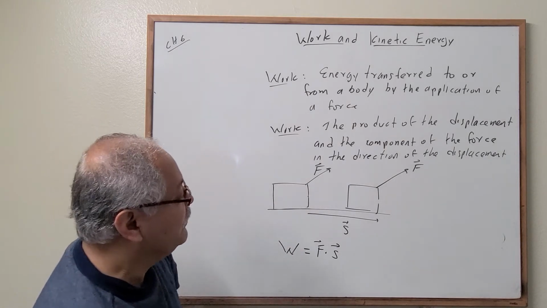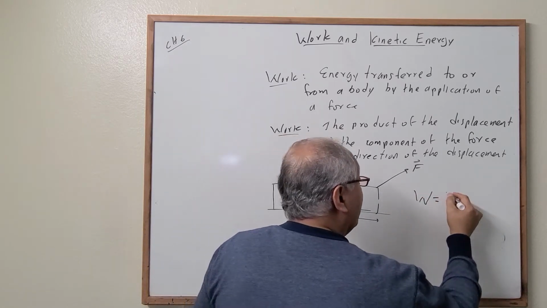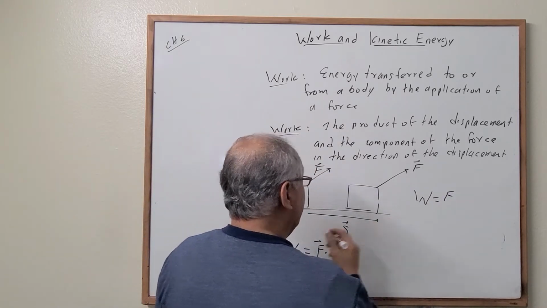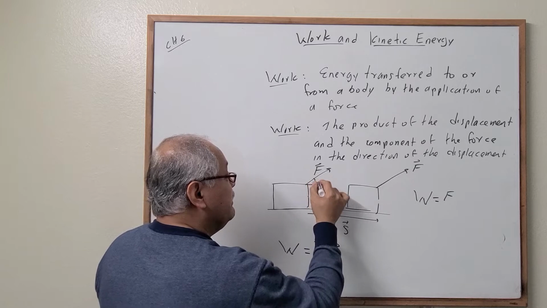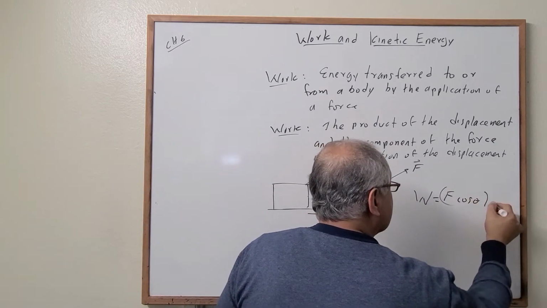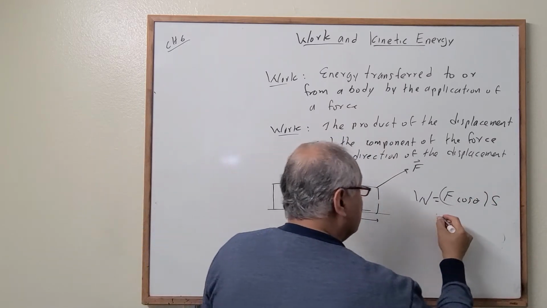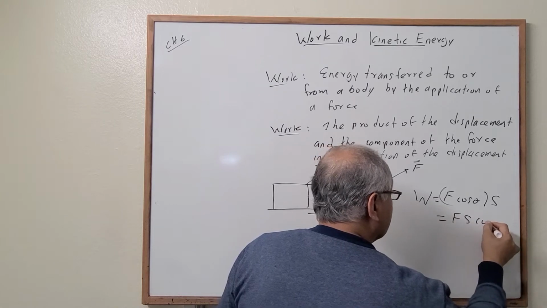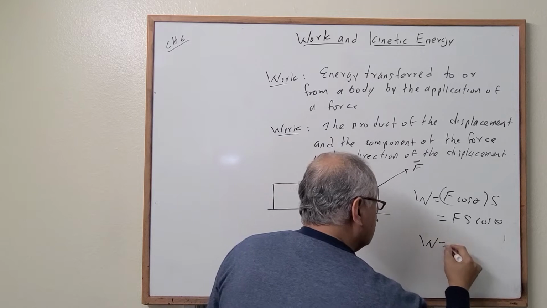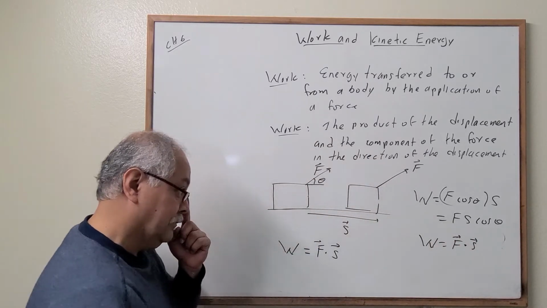So what should be the work for this case? Work is going to be equal to the component of the force in the direction of the displacement. This is the theta. So the component is going to be F cosine theta times S. Correct? And this is equal again to F S cosine theta. And one more time, this is equal to the dot product of these two vectors.